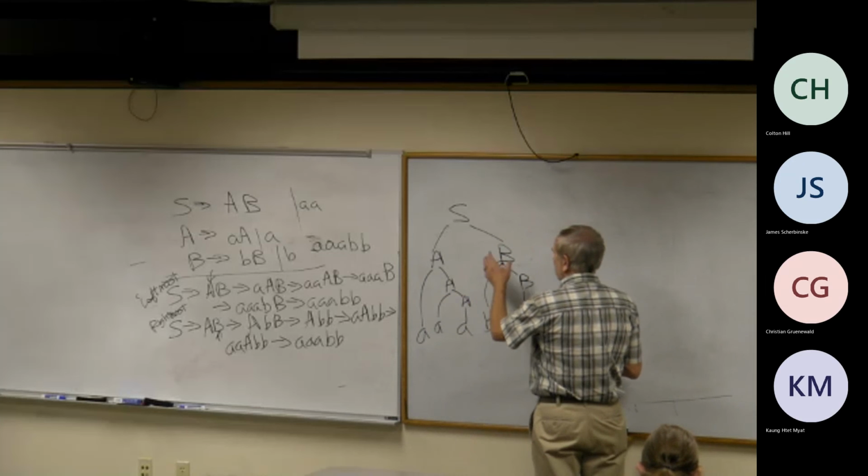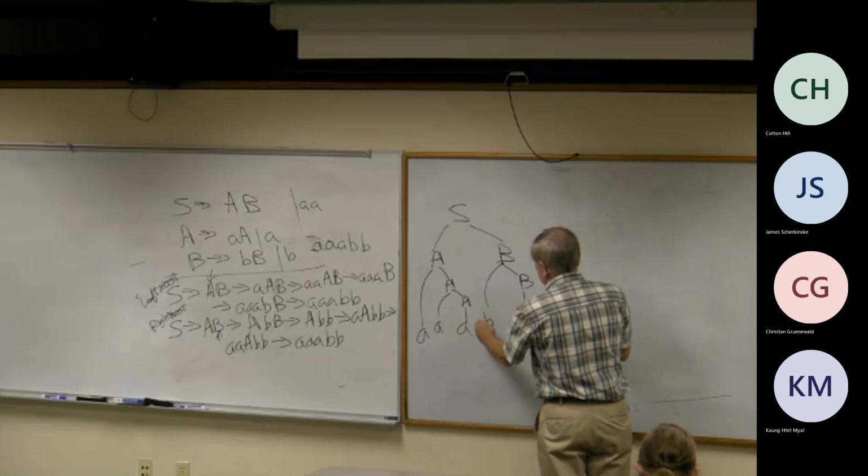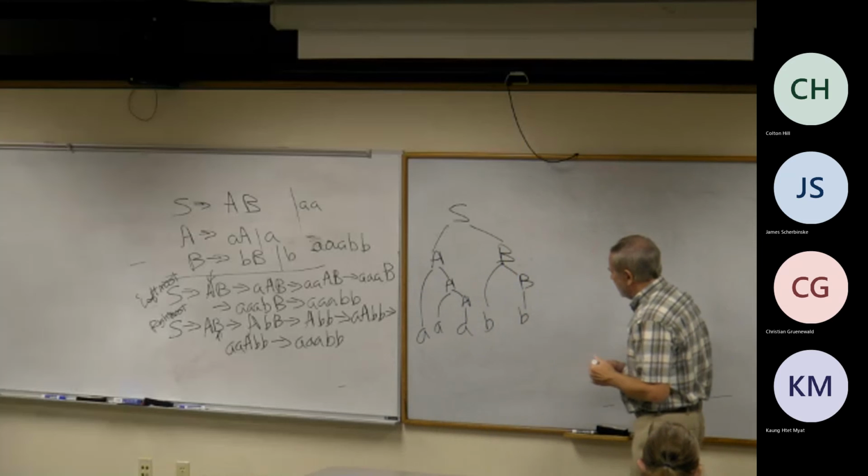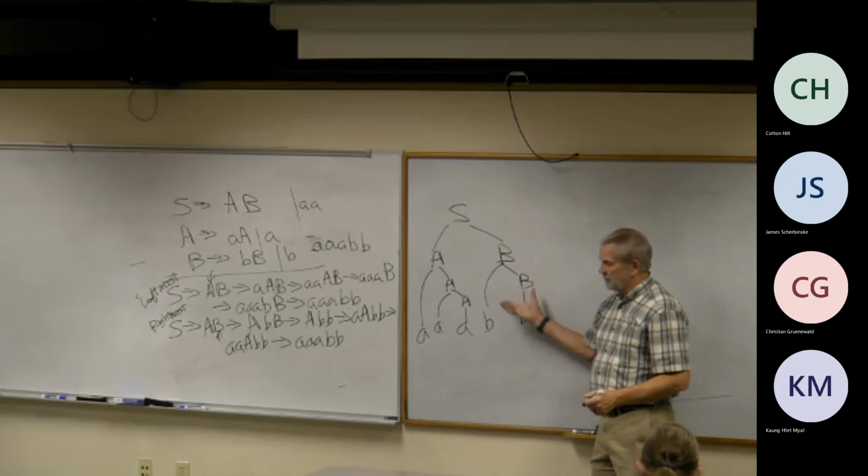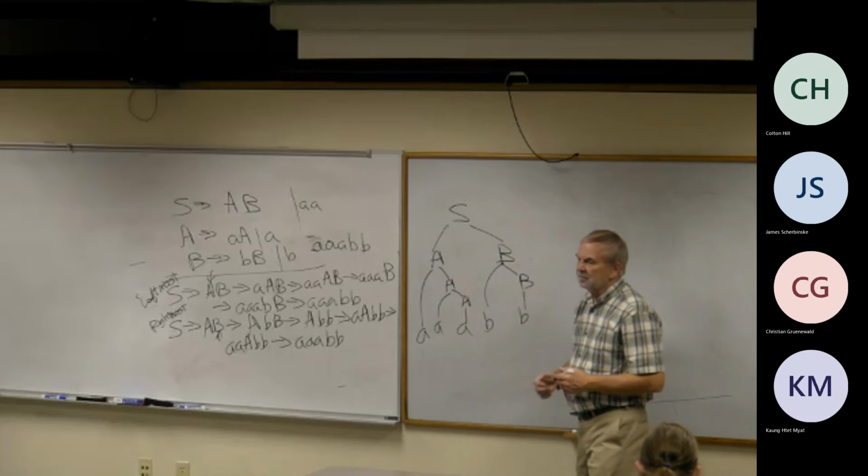So on the rightmost, we went down this side of the parse tree, same parse tree, but we just applied the rules from the right side before we did the left side.